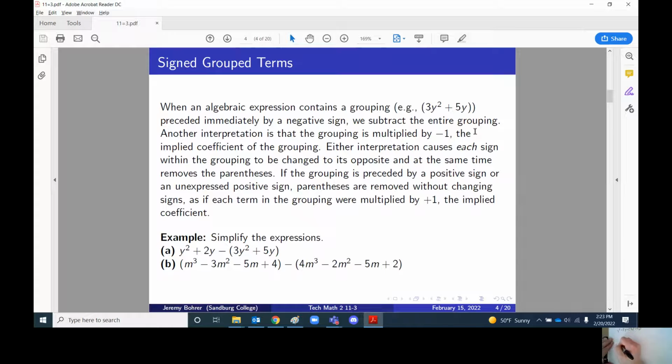And we've got m cubed minus 3m squared minus 5m plus 4 minus 4m cubed minus 2m squared minus 5m plus 2. Okay, back to the paper.